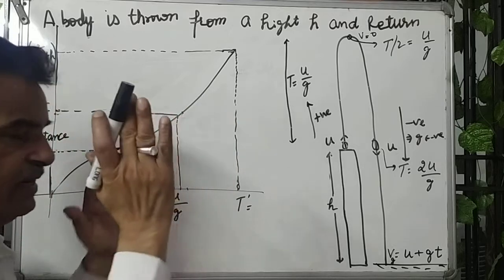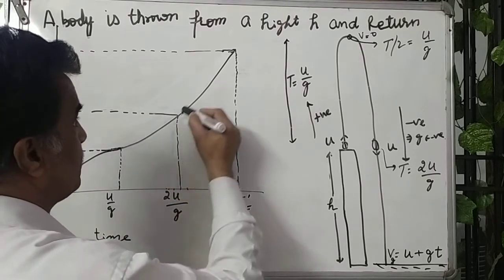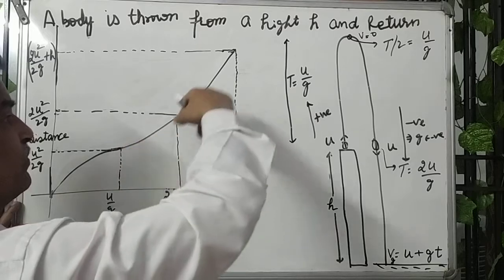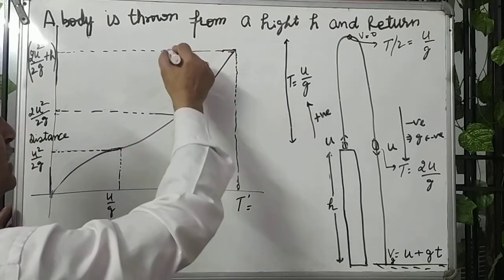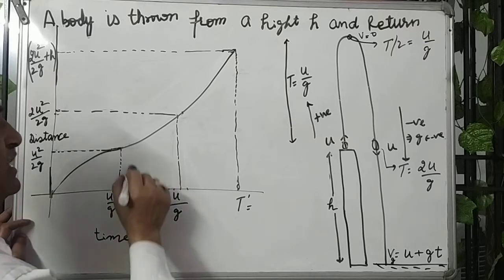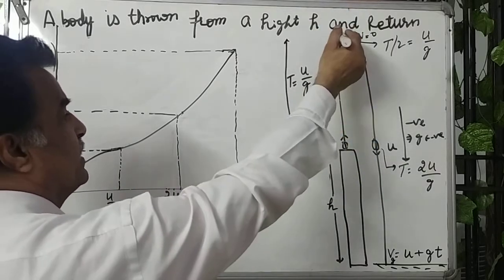This is h. In a distance-time graph, distance is never negative. Displacement can be positive and negative, but distance is never negative. So this accelerated part is a speeding-up graph. This height is u square upon 2g: with velocity u you throw the body upward, it will reach this height.